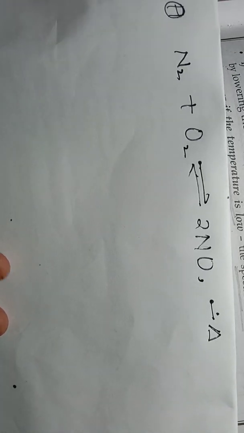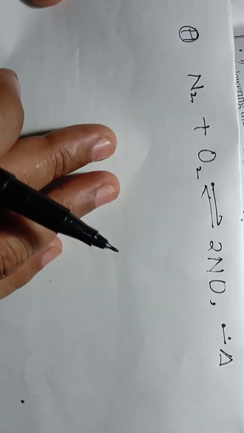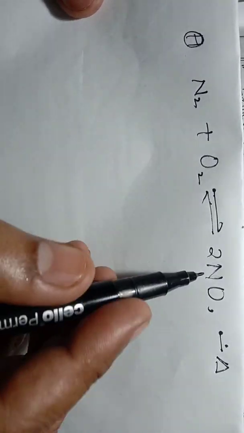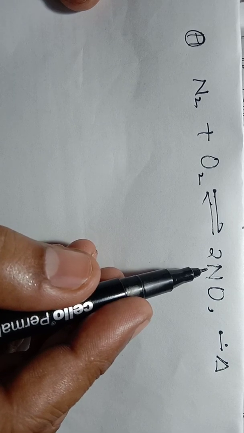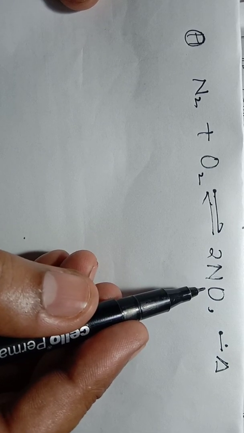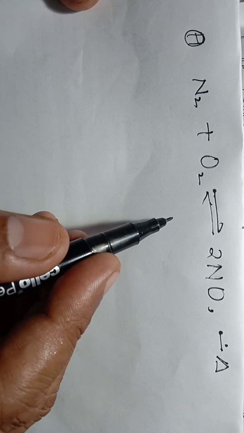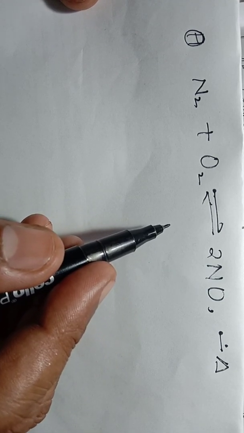Then for this reaction, according to Le Chatelier, if we want to get more amount of NO, nitric oxide, which type of changes will we do here in different external conditions?